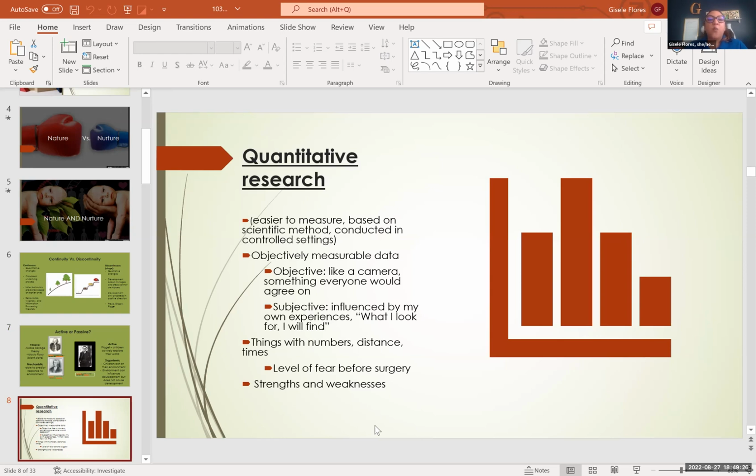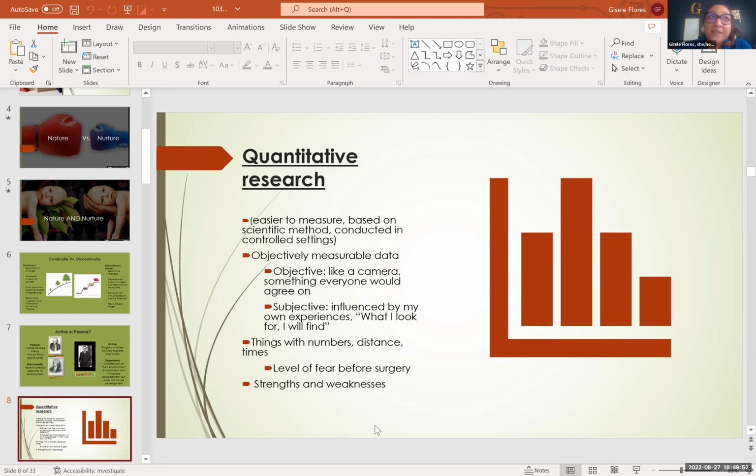Now, when we look at research in general, we're going to look at quantitative and qualitative research. So the first one, quantitative research, we're looking at numbers. And when we think of quantitative research, we're looking at research that is a little bit easier to measure because it's based on the scientific method.